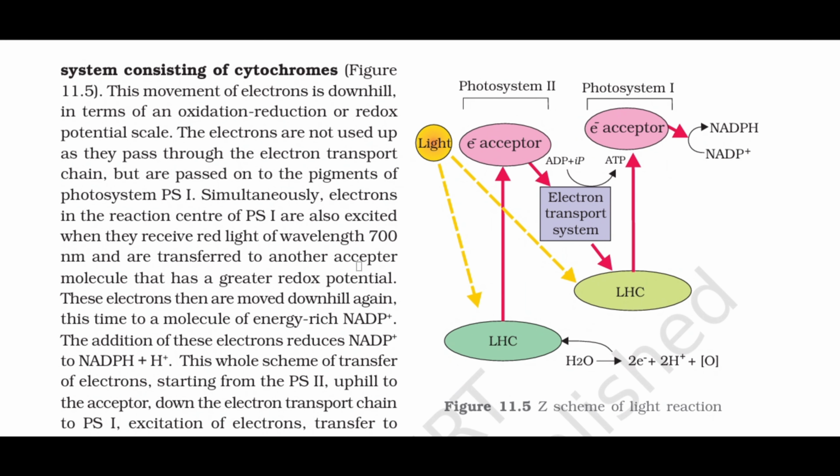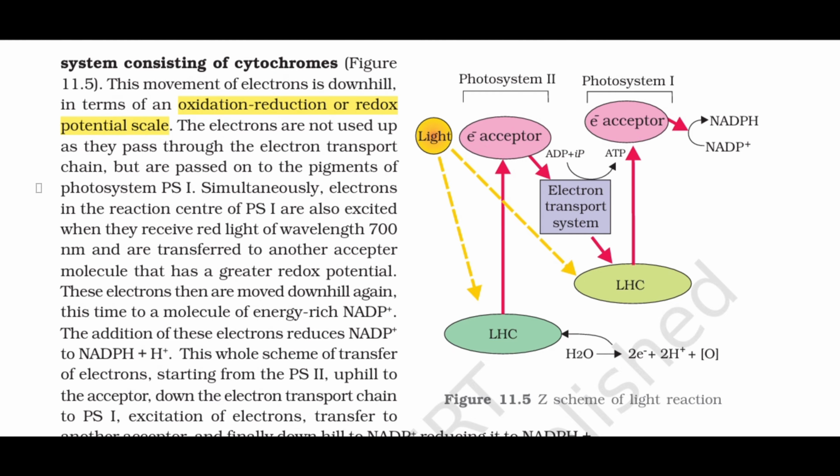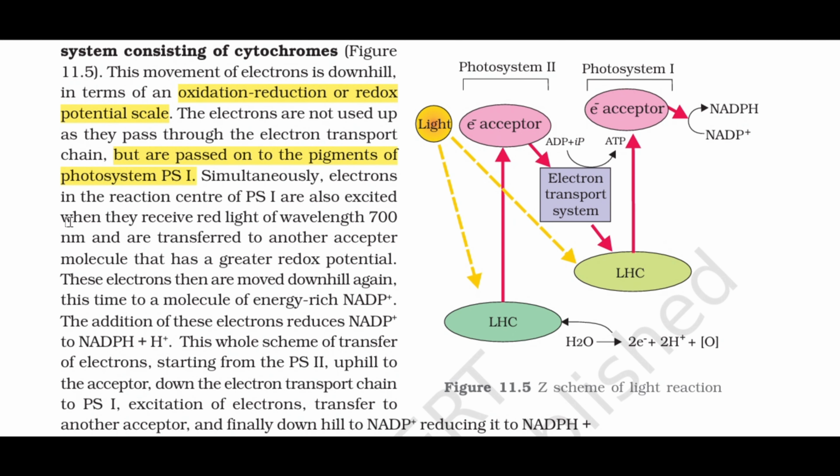This movement of electrons is downhill, in terms of an oxidation reduction or redox potential scale. The electrons are not used up as they pass through the electron transport chain, but are passed on to the pigments of photosystem PS I. Simultaneously, electrons in the reaction center of PS I are also excited when they receive red light of wavelength 700 nm and are transferred to another acceptor molecule that has a greater redox potential.